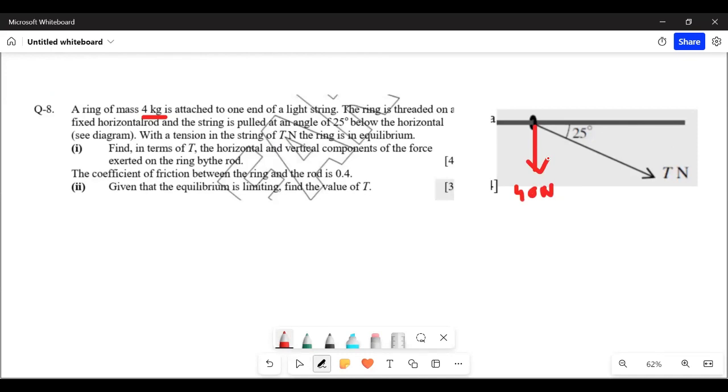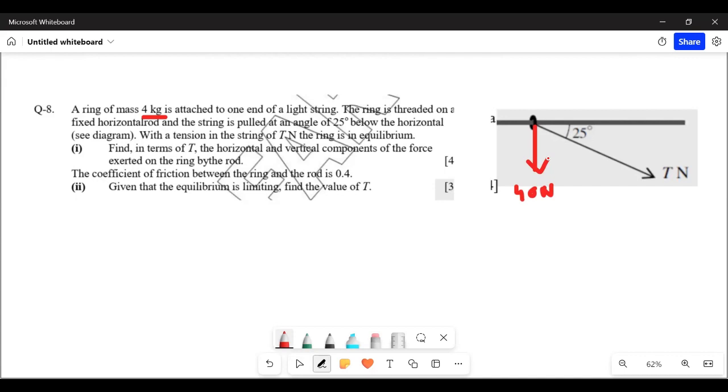This string is threaded on a fixed horizontal rod and the string is pulled at an angle of 25 degrees below the horizontal, with a tension in the string of 10 newtons, with the ring in equilibrium. Equilibrium means it's not moving. That means forward forces equal backward forces. Find in terms of T the horizontal and vertical component of the force exerted on the ring by the rod.